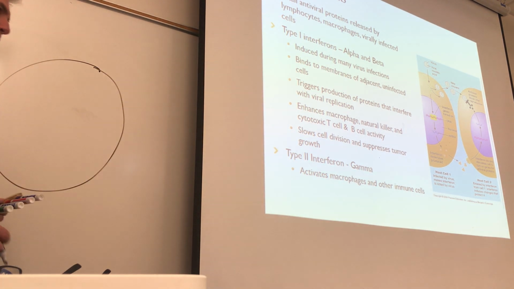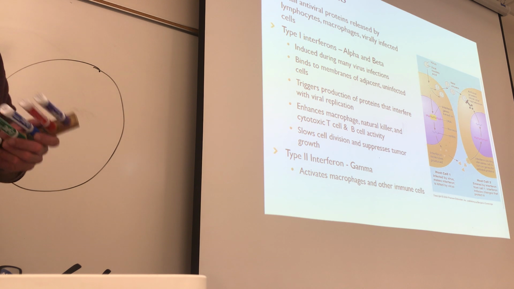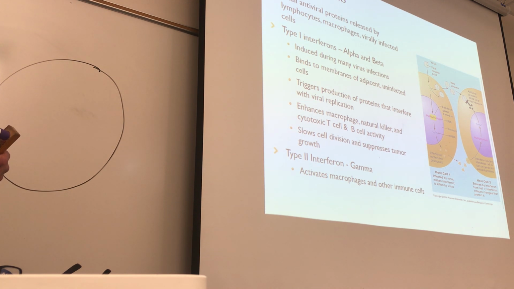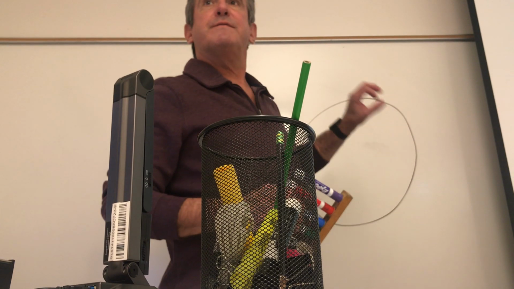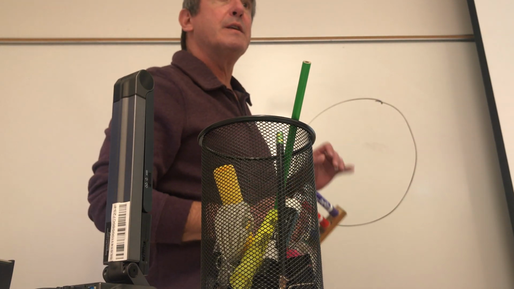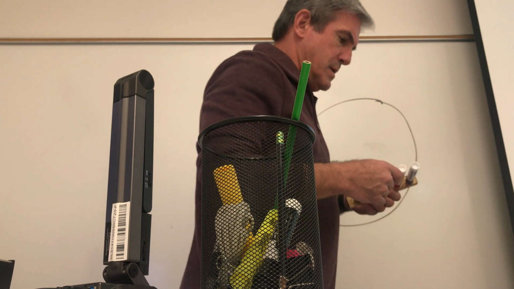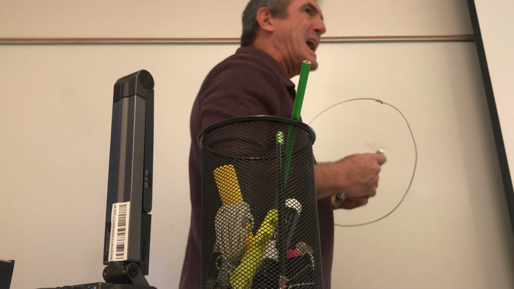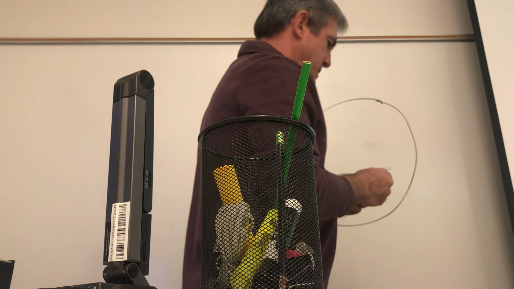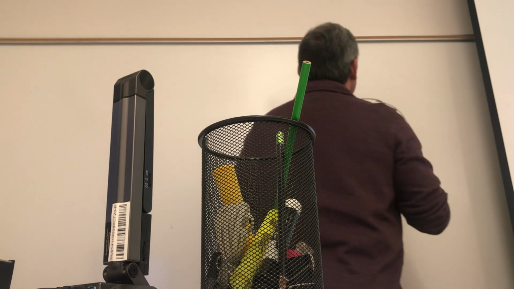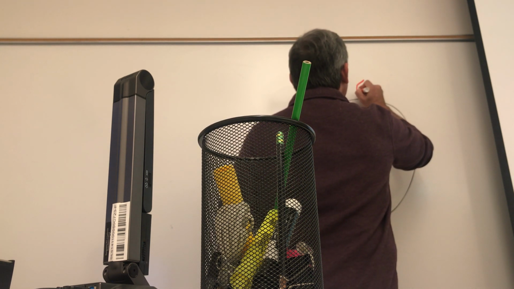Here's my cell. How does a virus infect a cell? What does it do? Okay. Yeah, not quite penetrate, but binds to the cell. All right. And so let's just make a nice little phage here.